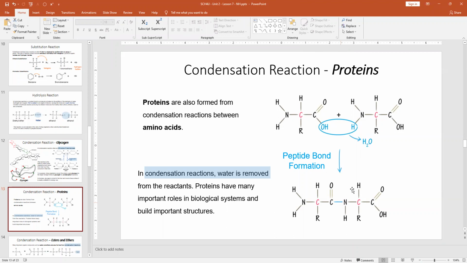And this is a very important bond. If you go on further to study proteins, you will understand more about the importance of the peptide bond and the condensation reaction.